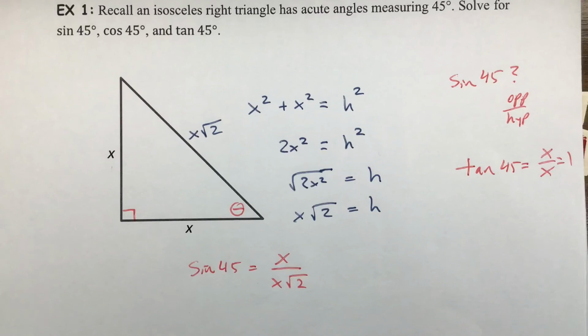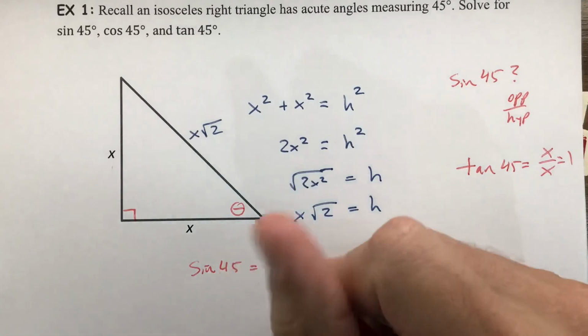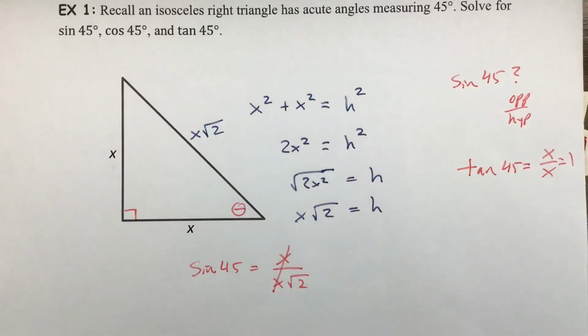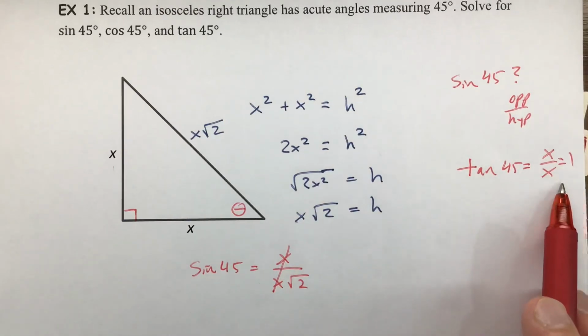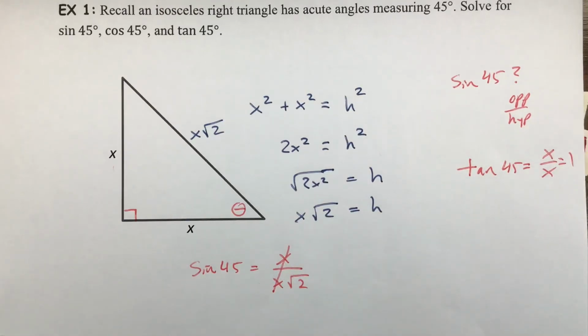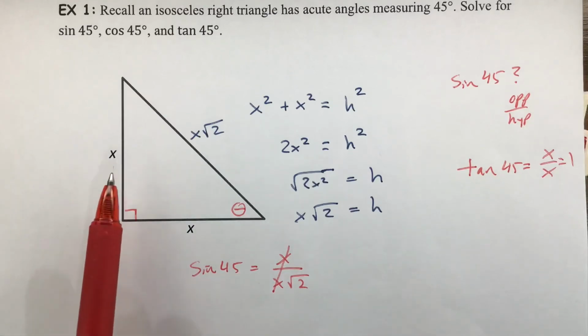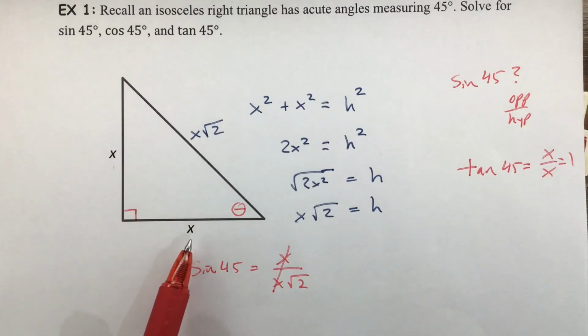All right, now the x's are going to cancel, which is something that you also saw with the tangent. That confirms the idea that we don't really need to know what the side lengths are for this, that I could actually just use x's, and as long as the two sides are the same, the results I'm going to learn from this will not matter. Okay, so we get to see the x's cancel again.